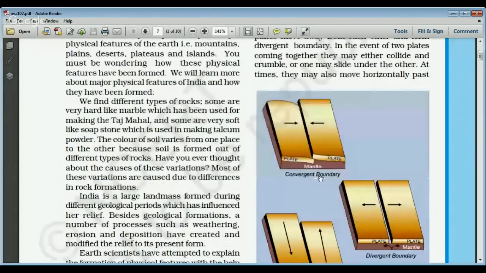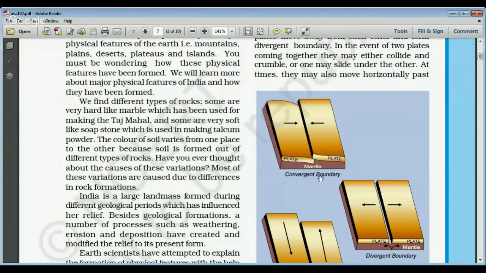India also has different types of rocks. Some are very hard like marble, which has been used for making the Taj Mahal, and some are very soft like soapstone, which is used in making talcum powder.